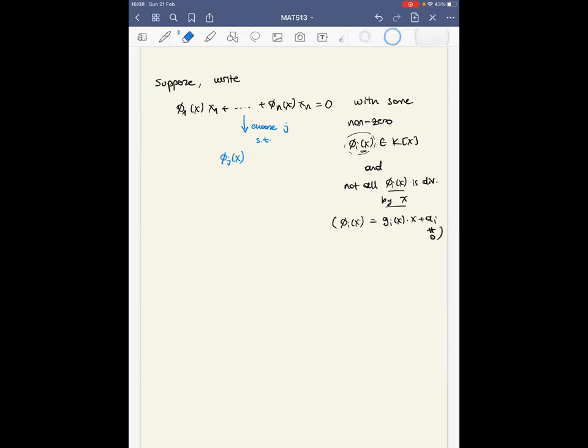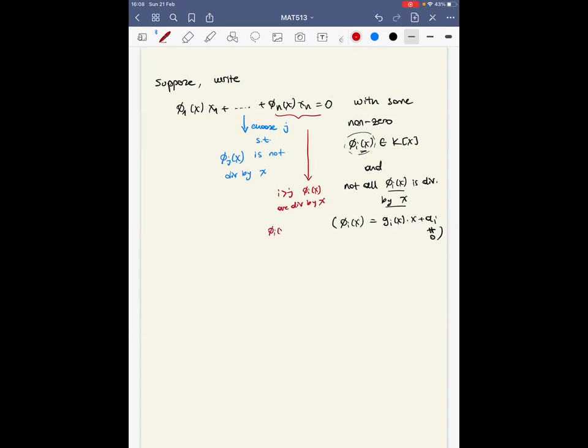and the other coefficients are divisible by x.